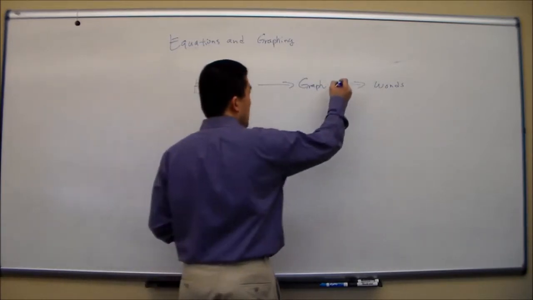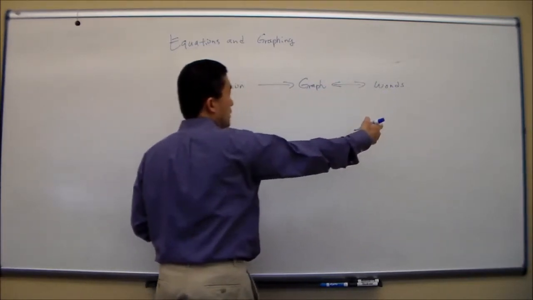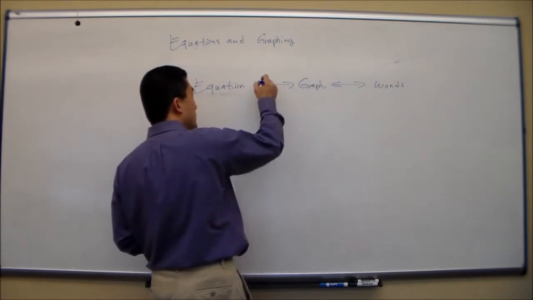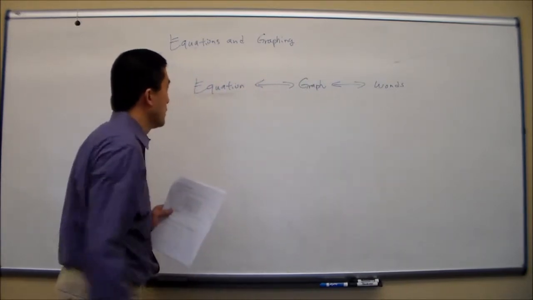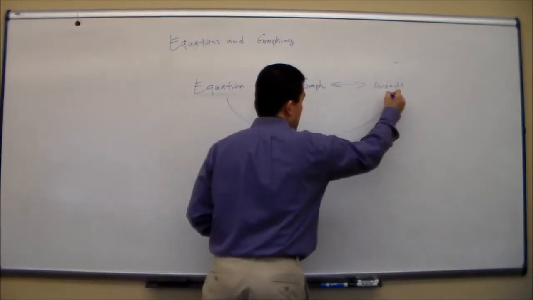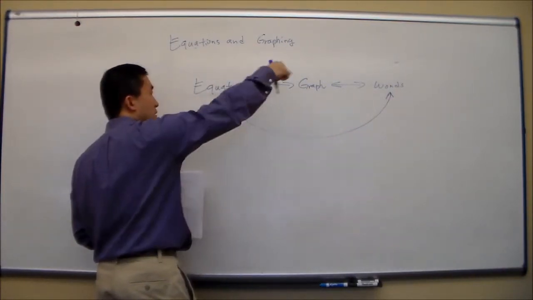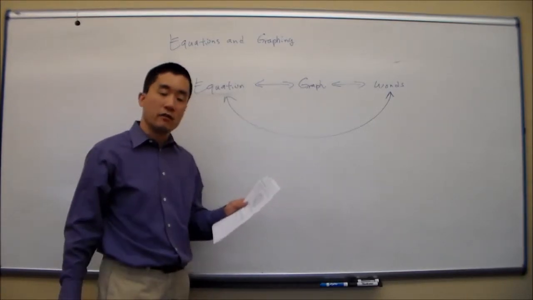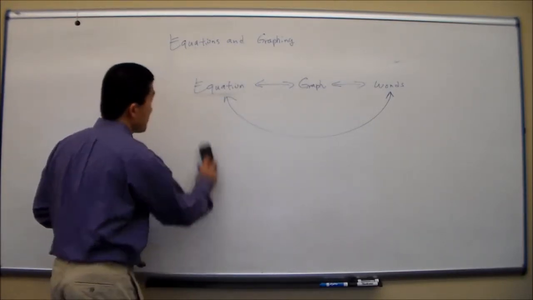Or vice versa: if I give you the words, you can create the graph, and from the graph you can extract the equation, or go between equations and words. If I give you any one of these things, you should be able to give me the other two. So how do you do that? Let's practice.